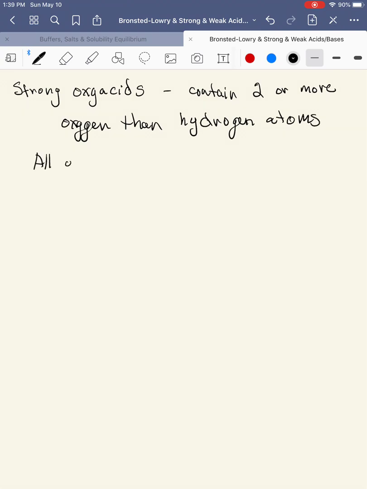All other oxyacids are weak. And just like before, if it's strong, it has to ionize 100%.